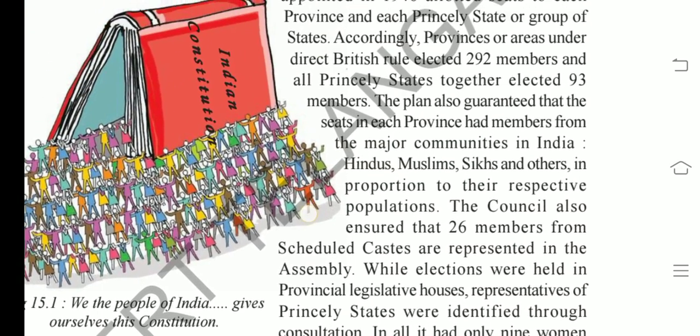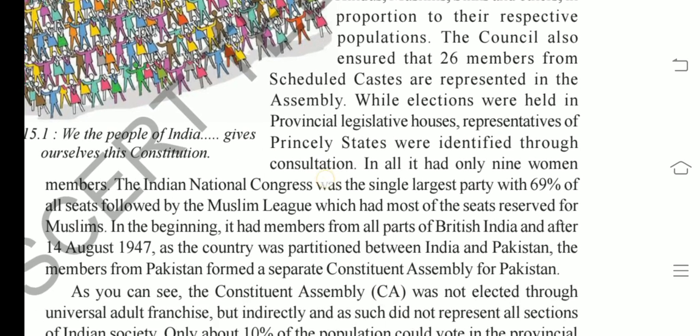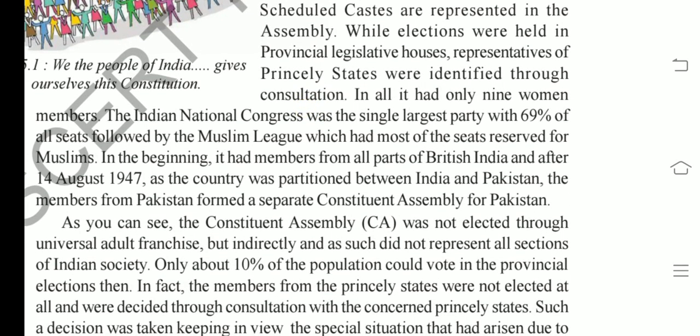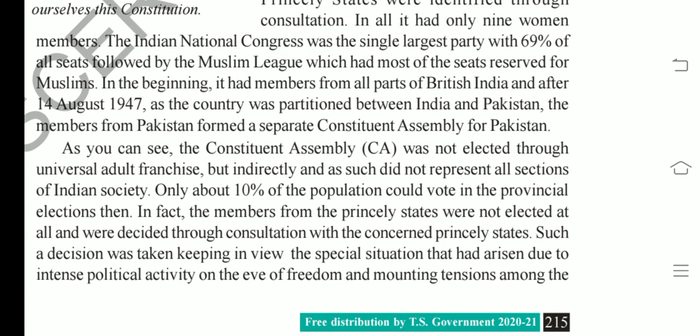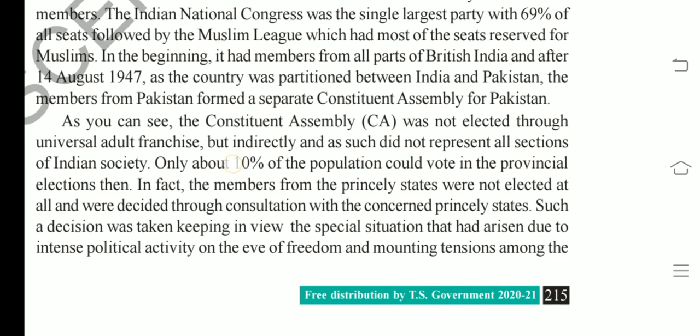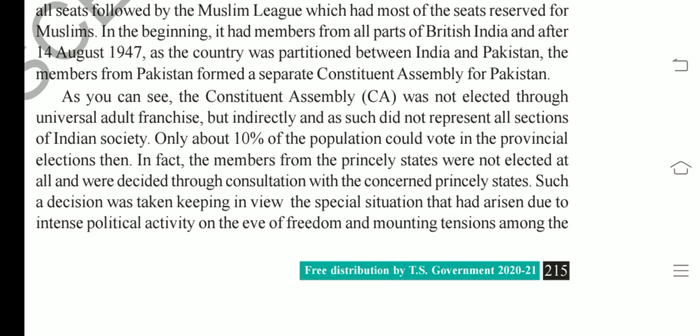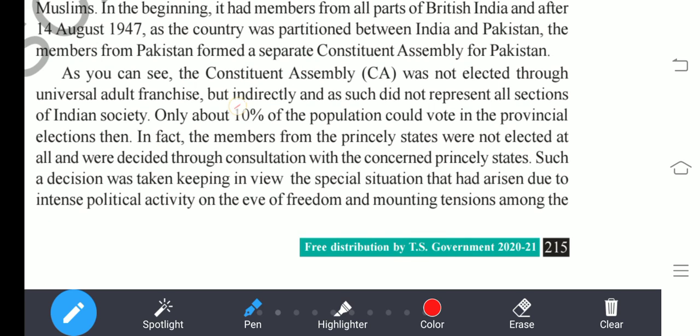How much? 292 members of the provincial assemblies were elected by the process of election, in which the right to vote was given only to 10% of the population of provincial assemblies.